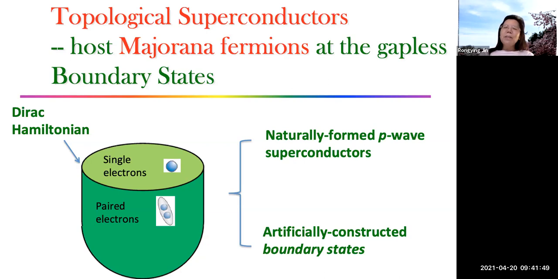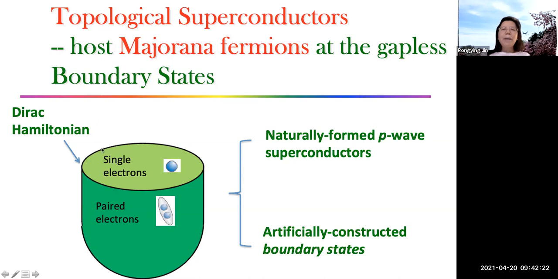In the past 2 decades, much more attention has come to a special group of superconductors called topological superconductors. Why? It's because they host Majorana fermions at the boundary states. You may not be familiar with topological superconductors, but this is something I'm sure you are familiar with.